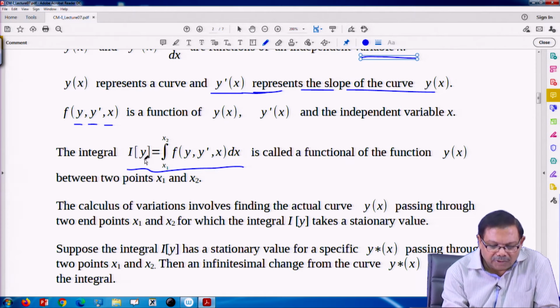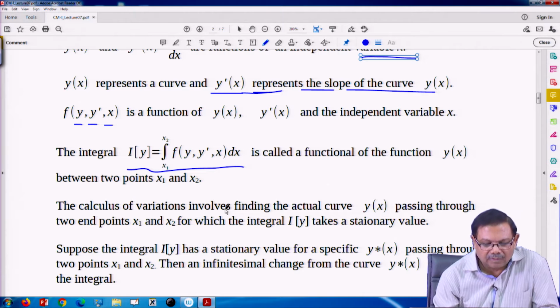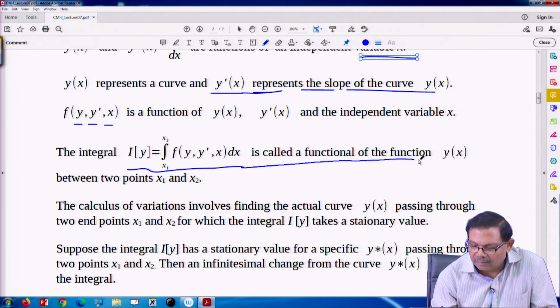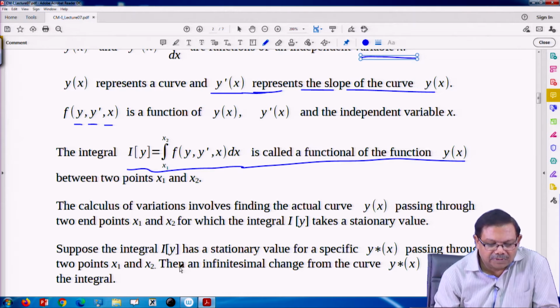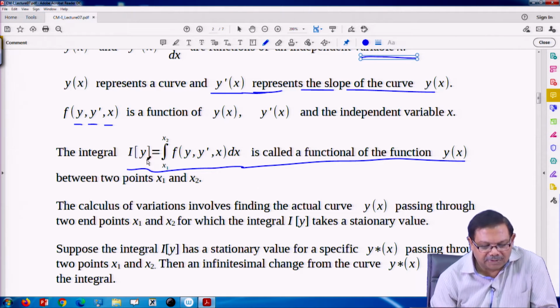So, I of y is an integral and this integral depends on y, which is a function of x, and it is defined through an integral of a function. So, actually it is a function of a function and it is called a functional. It is a function of y of x and its derivative.